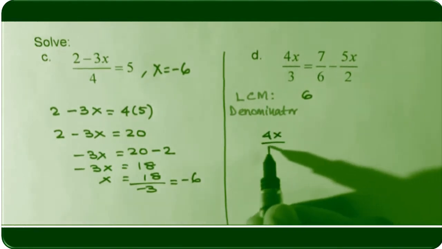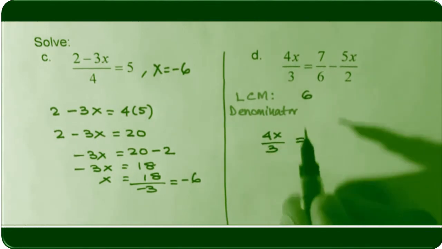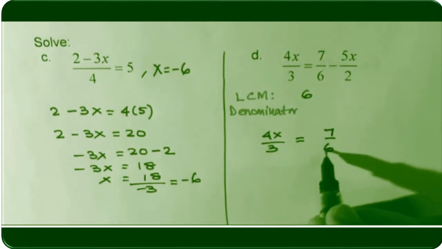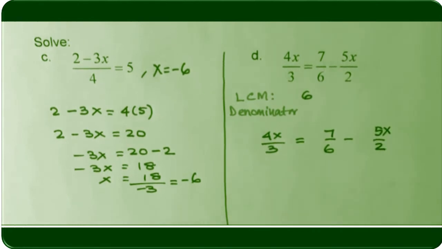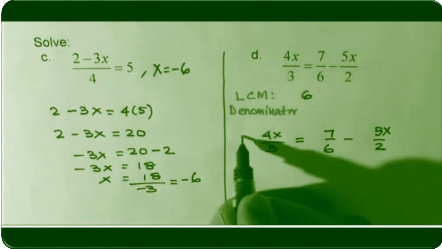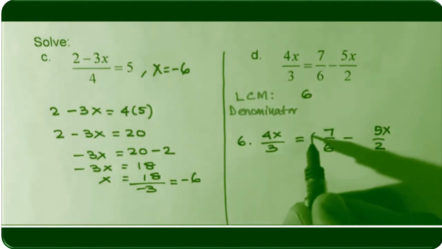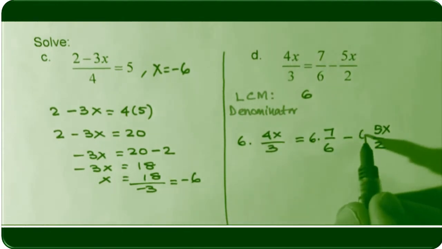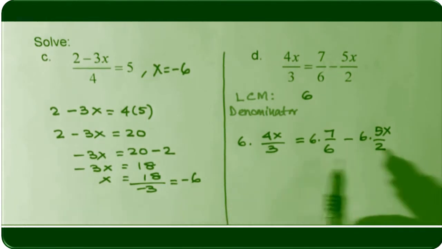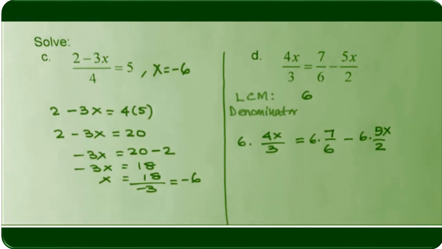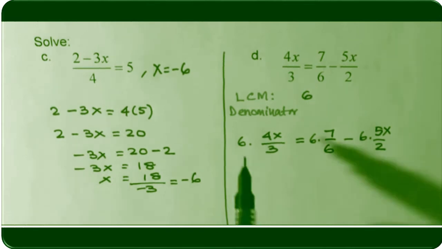So we get 4x over 3 equals 7 over 6 minus 5x over 2. We are going to multiply each term by 6 on both sides. Do you see this now? Since you do the same operation on both sides, you don't change the equation, but you can simplify it.